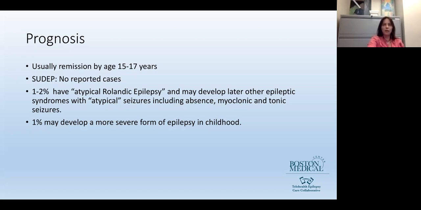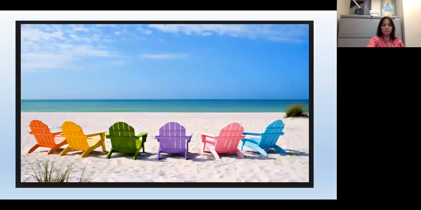For instance, children who start to regress in some of their cognitive or learning abilities. And when we check an EEG, we see that during sleep, the EEG has continuous spike wave activity. It's called ESES. And these children sometimes are treated more aggressively, even sometimes with daily diazepam to try and clear the EEG.